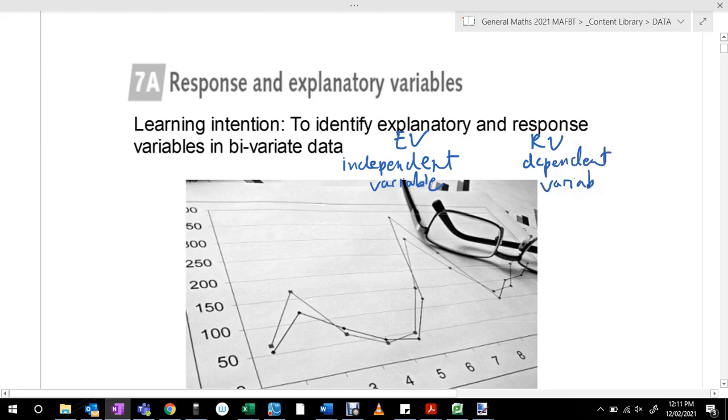You definitely see them in your textbooks as these words. So EV is independent variable, RV is the dependent variable, and you will definitely come across these often. So we're going to try and understand what is the difference between these two variables. What is an EV and what is an RV?